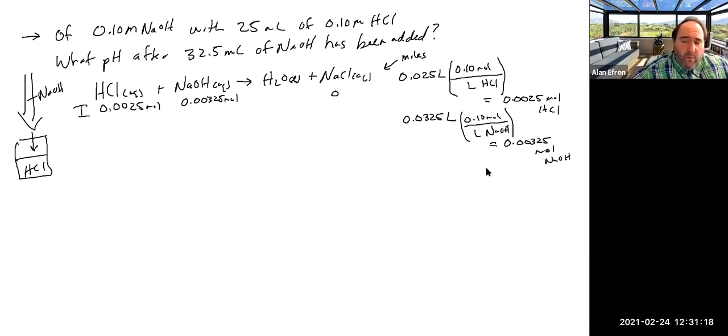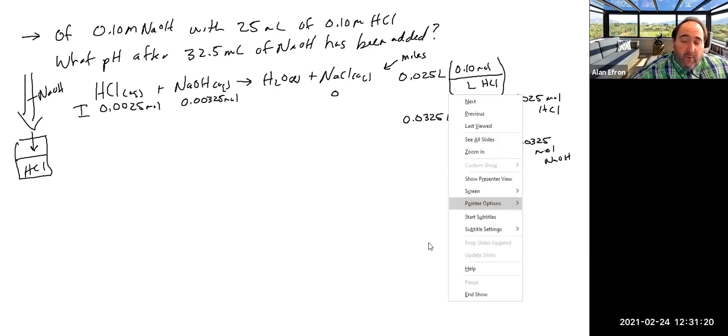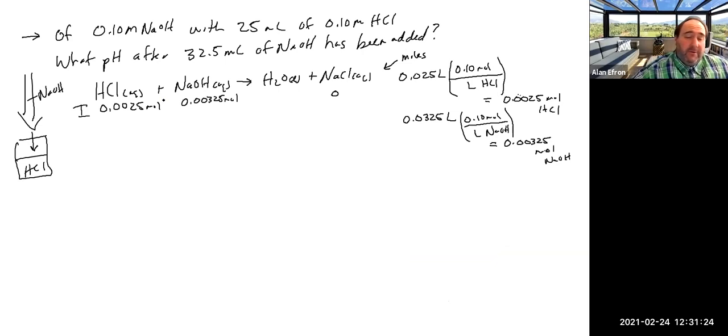Why the ICE table is important is, if you're not sure where you're at in the titration curve, which is usually a pretty good thing to have in your head, because it helps you with the calculation part. Again, we started with HCl in the beaker.